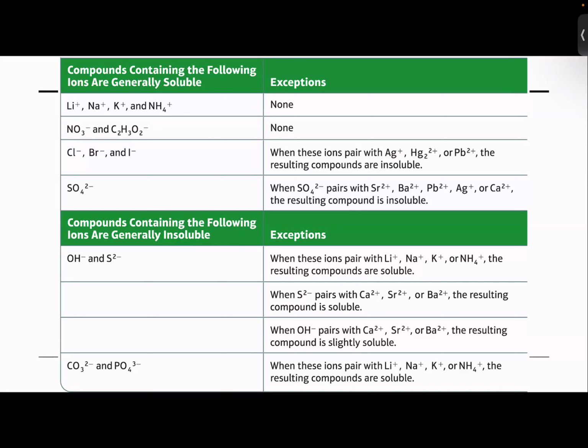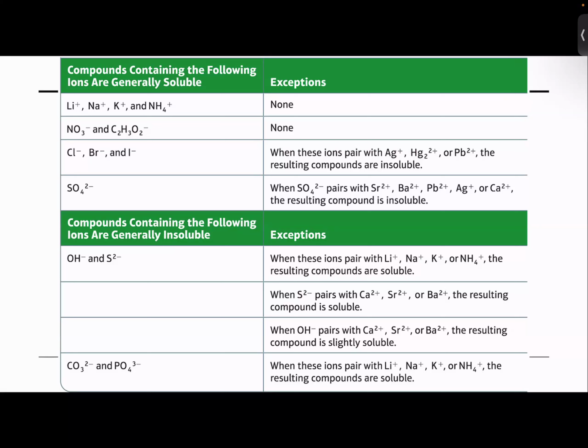The first one I want to point out is the hydroxide and the sulfides. Hydroxides and sulfides tend to be insoluble, meaning they tend to form solids. Now, you will notice rule 1 is an exception. If you do them in this order, specifically rule 1 and rule 2 first, you will take care of a lot of compounds.